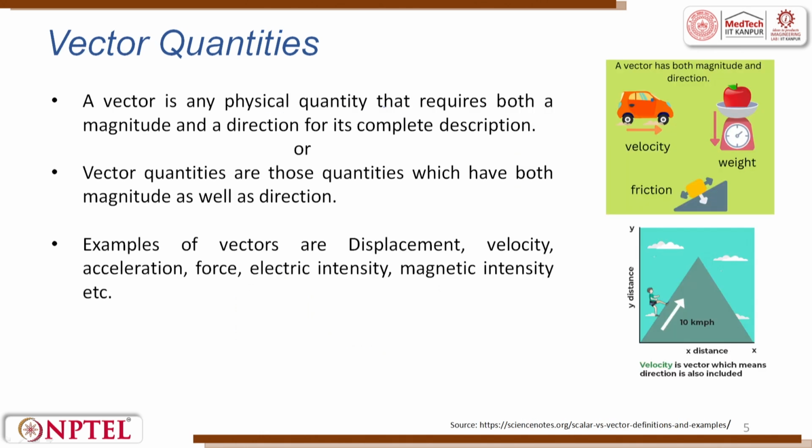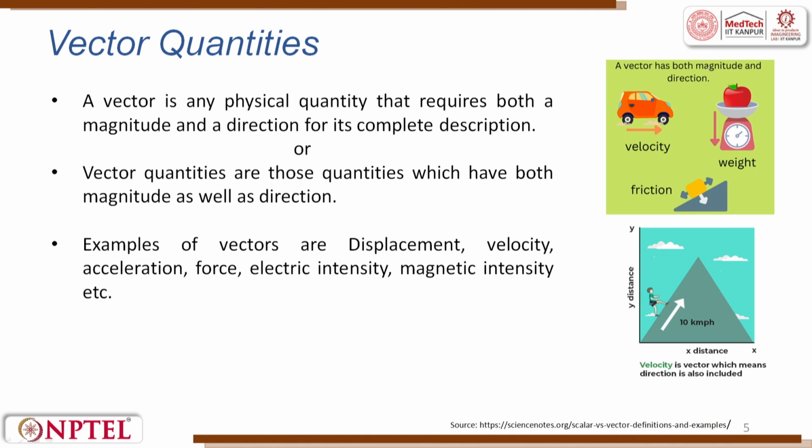Now, let us understand vector quantities. A vector quantity has both magnitude and direction. It says velocity of a car in this direction, weight applied along the gravity, friction on a block on a slope which is moving, friction is in the downward direction, whatever it is.